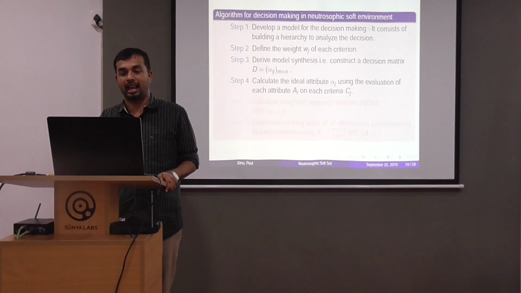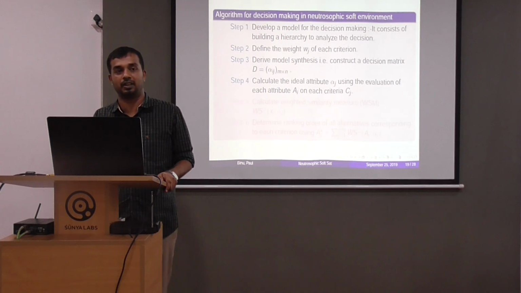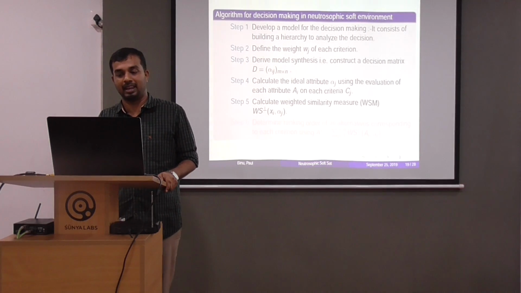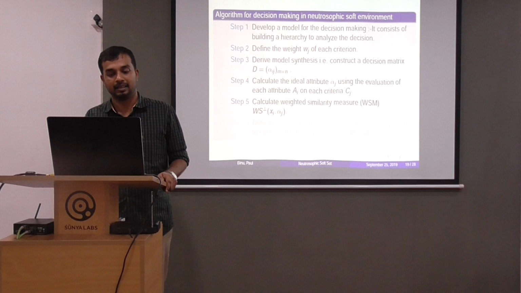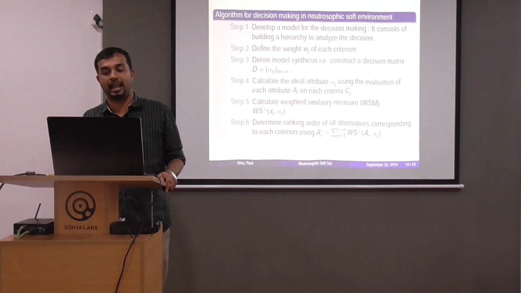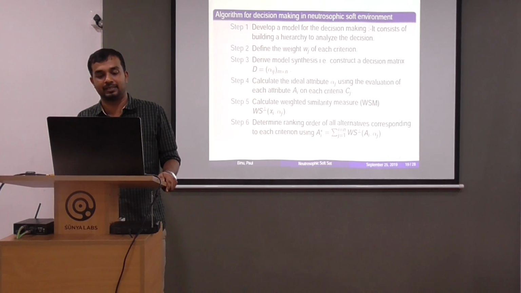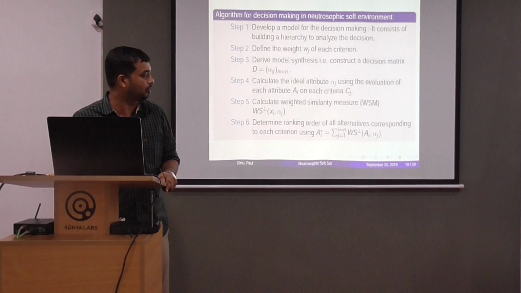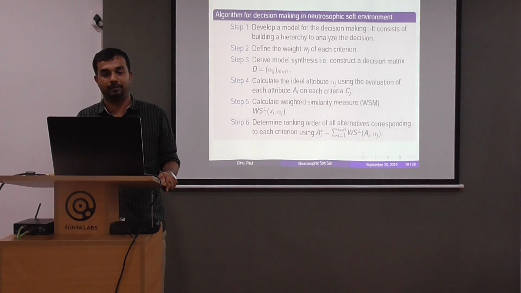Step 4, calculate the ideal attribute alpha j using the evaluation of each attribute aj on each criterion cj. Step 5, calculate the weighted similarity measure. Step 6, determine the ranking order of all alternatives corresponding to each criterion using the relation ai star equal to summation j equal to 1 to n ws perp of ai comma alpha j.